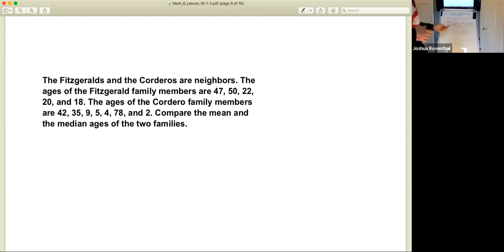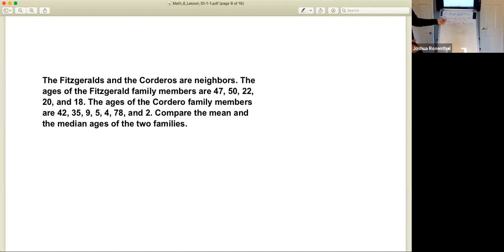So it tells you kind of the same thing, that the Fitzgerald family on average is older. It doesn't mean that they have the oldest member. They have a 78-year-old in the Cordero family. But on average, the Fitzgerald family is an older family.